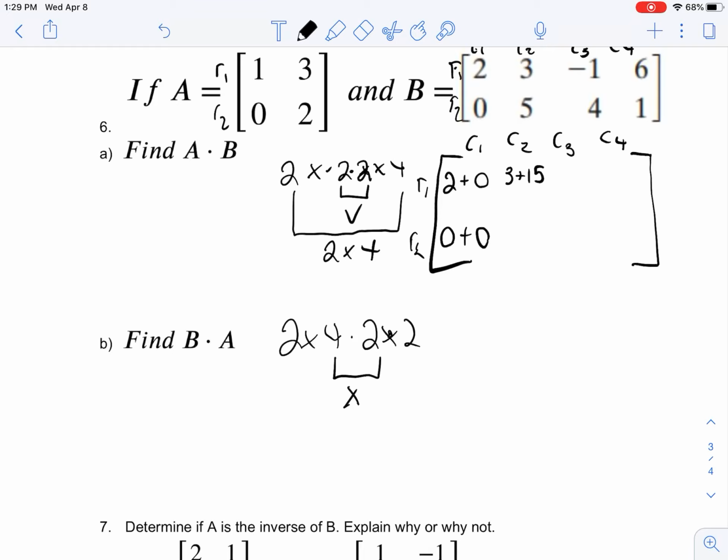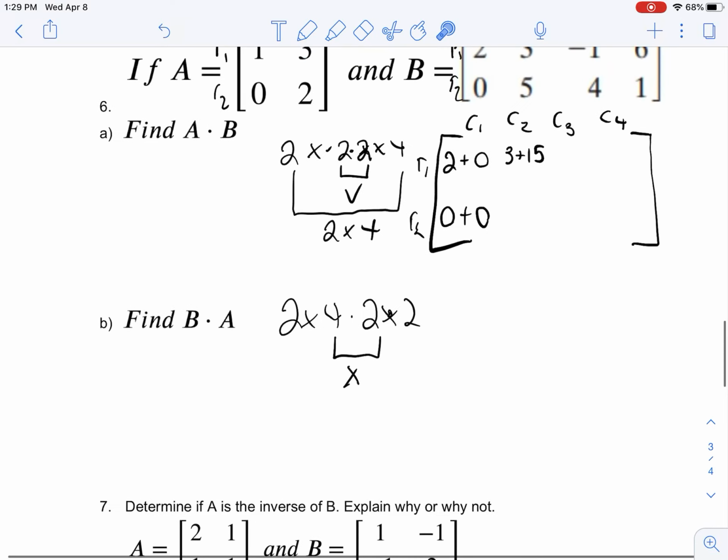You can't simply say it doesn't work. This would not give me all the information I need to know. You'd have to talk about the rows and columns in these and why they would not match up when you're multiplying. You'd have to explain that in a sentence or two to me, okay?